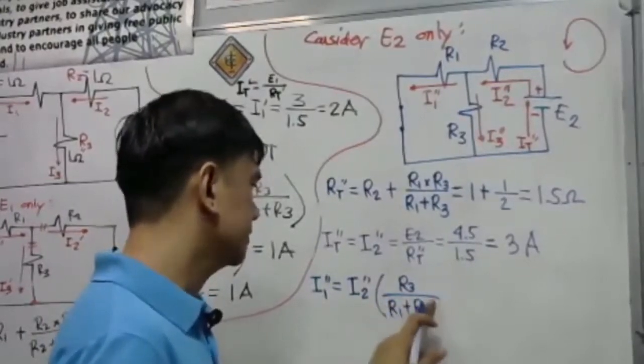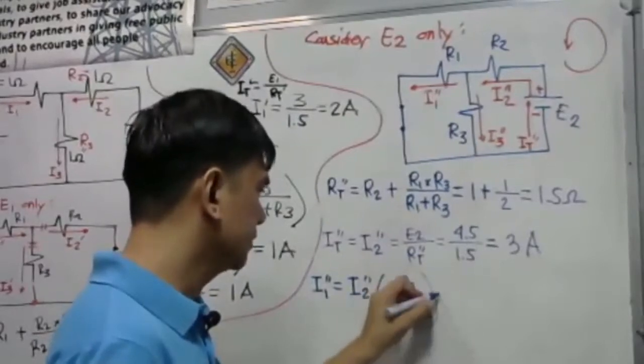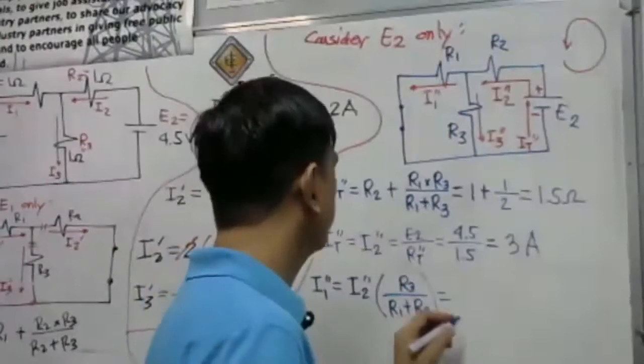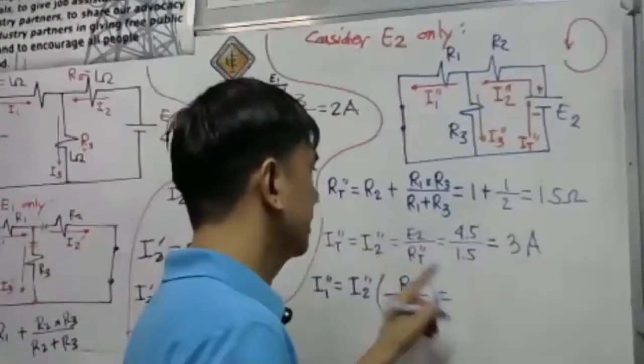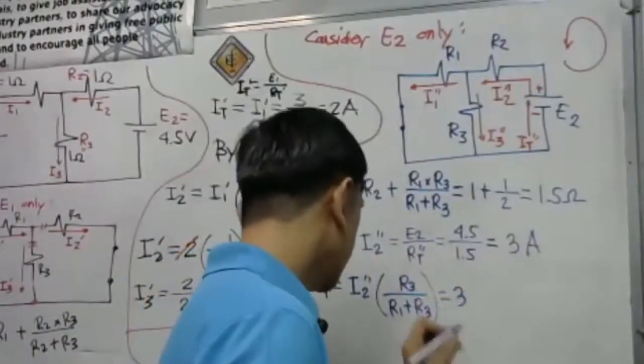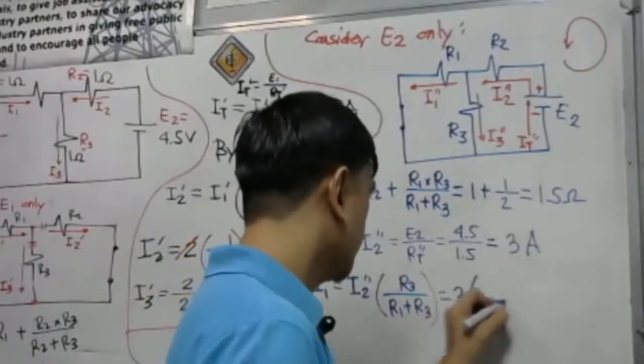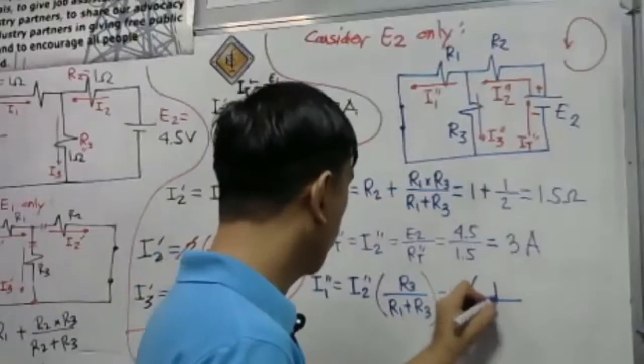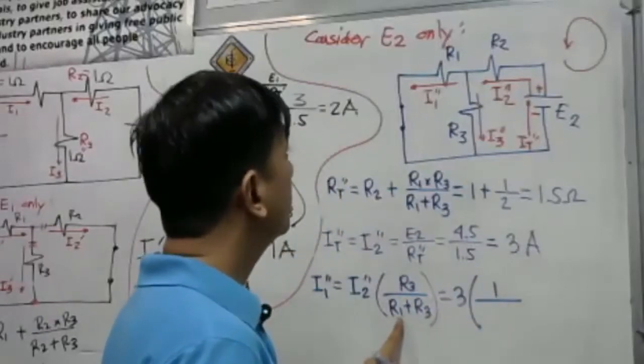So we just need to substitute. Let us substitute I2 double prime, which is 3 amperes, multiplied by R3. What is our R3? It's just 1. Then R1 is 1 also.